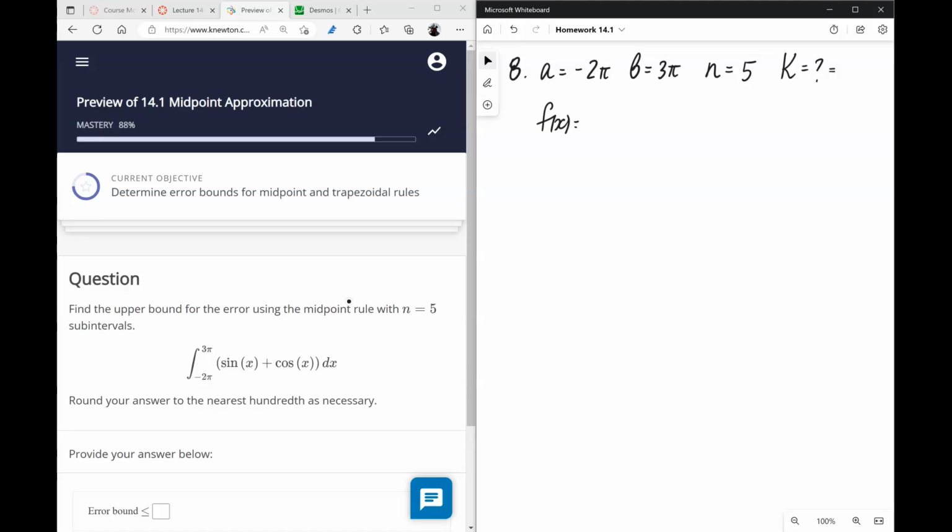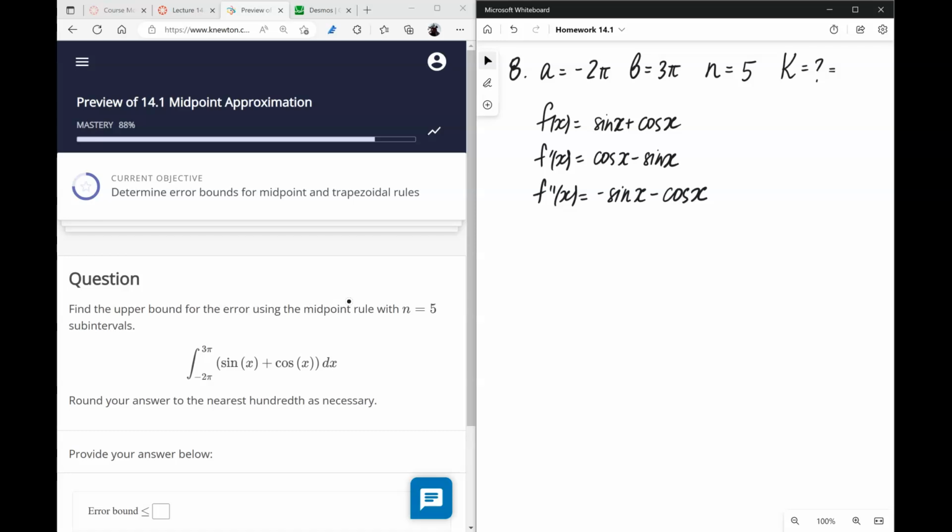So the function is sine of x plus cosine of x. The first derivative is cosine x minus sine x, and the second derivative is negative sine x minus cosine x.